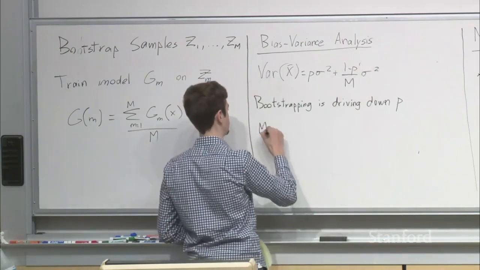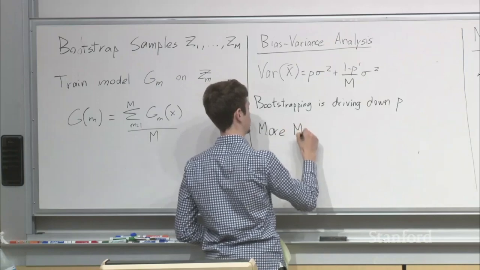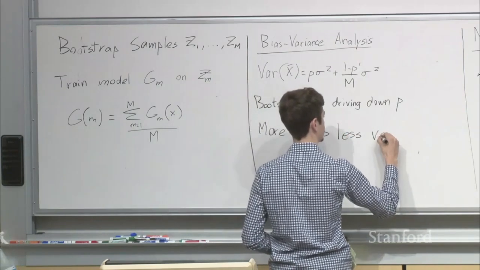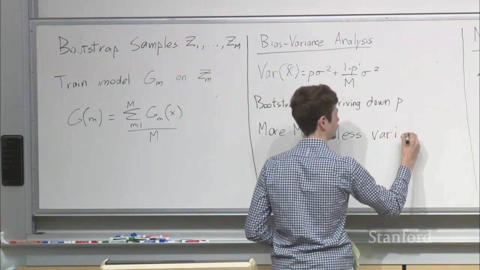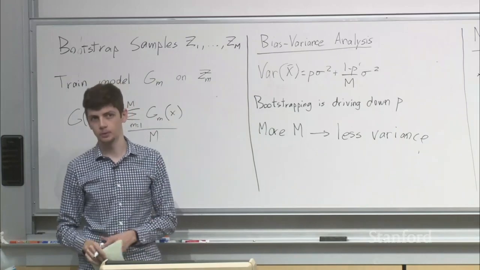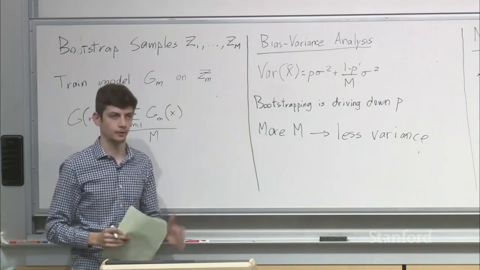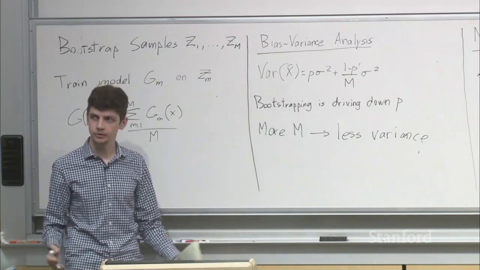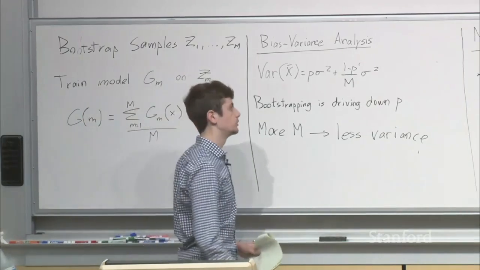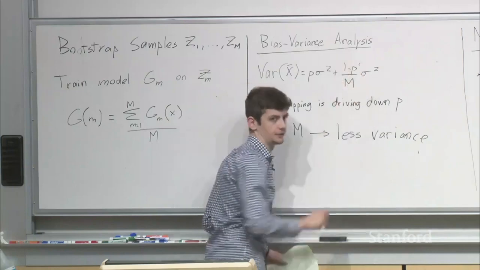So more M is just less variance, right? It generally only improves performance. Generally, people will sample more and more models until they see that their error stops going down, because that means they've basically eliminated this term over here.